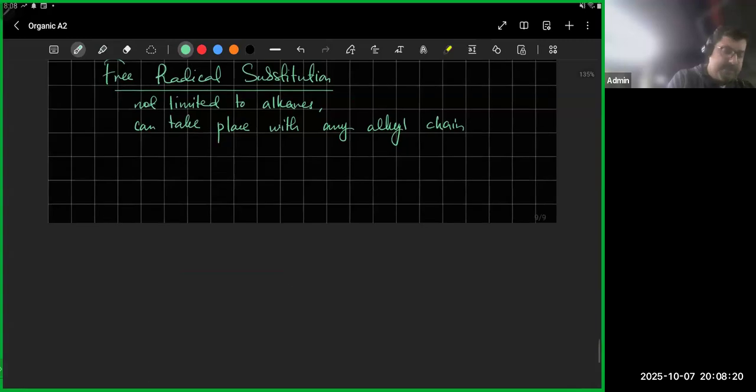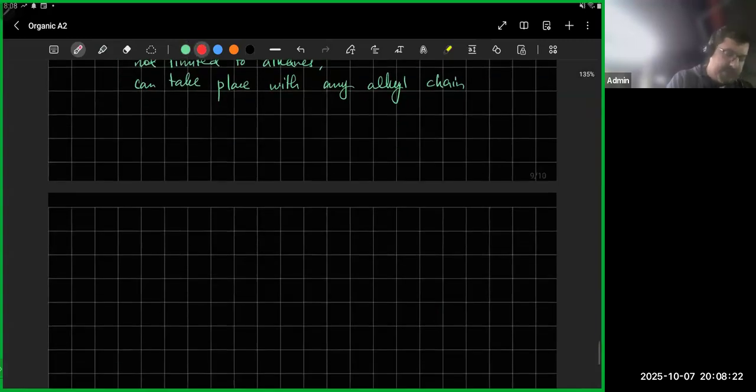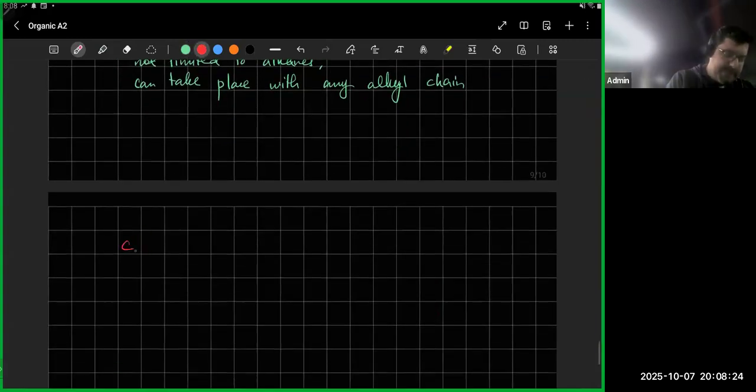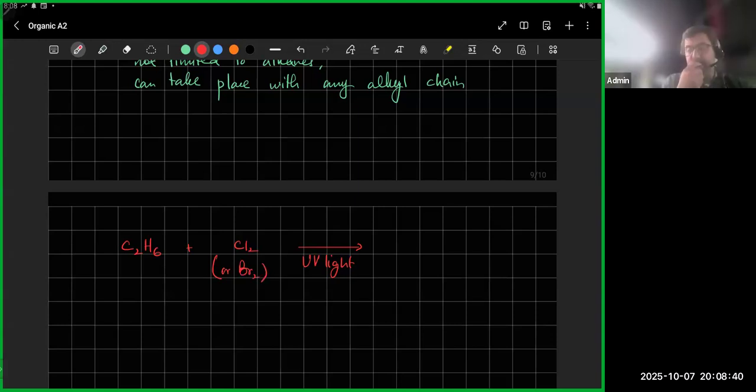What is free radical substitution? It's a reaction which happens with chlorine. So if I have C2H6, it's going to react with chlorine under UV light. Okay, that is essential. Or it could be bromine as well. Normally, it's not fluorine and not iodine.